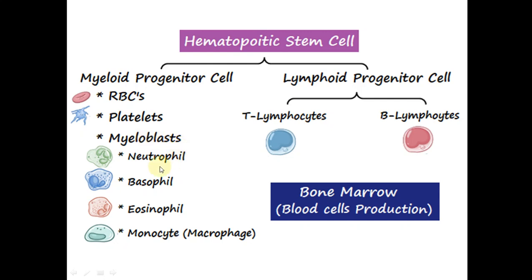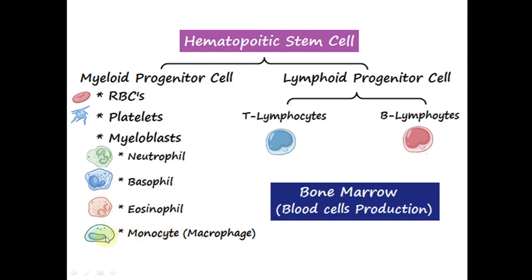The myeloblast gives rise to the neutrophils, and we know that neutrophils are very important, particularly in acute inflammation, and they are phagocytic cells. Additionally, the basophils are produced, which are involved in blood clotting and have other functions. The eosinophils, which have a spectacle-shaped nucleus and eosinophilic cytoplasm, are involved in parasitic infections and hypersensitivity reactions.